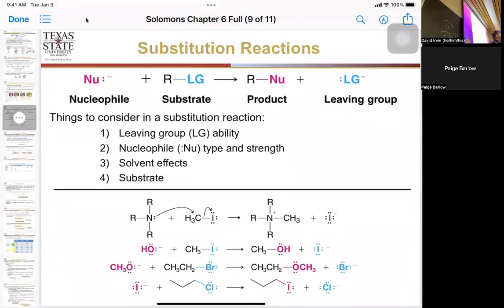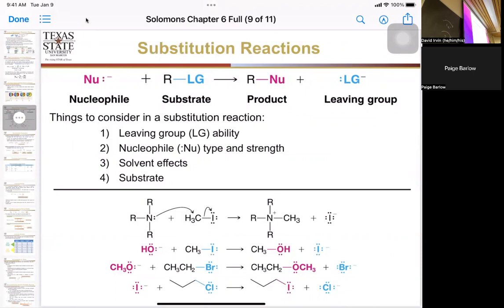Nucleophile. Nucleophile, meaning it likes positive charge. And notice the nucleophile either has a lone pair or a negative charge. Okay, all nucleophiles have lone pairs or negative charges. If you see something with lone pairs and negative charges, think nucleophile. But in the acid-base reactions, what do we call them?